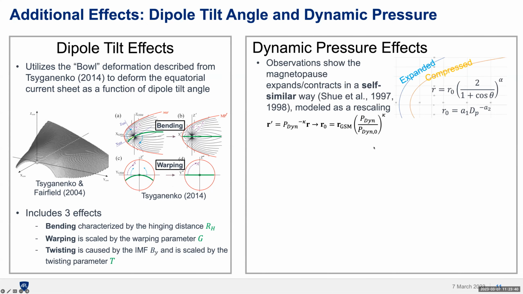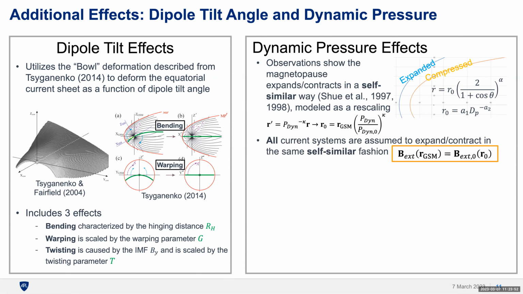And then also we consider dynamic pressure effects. So this is called the self-similarity rescaling that's applied to most empirical magnetic field models of the Earth and other planets. So it assumes that the whole system is expanding and contracting based off of changes in the dynamic pressure.